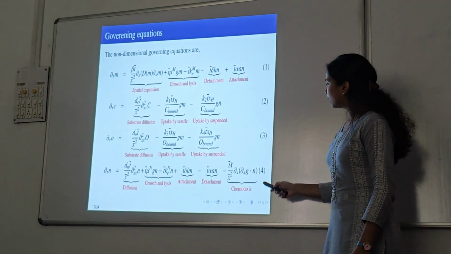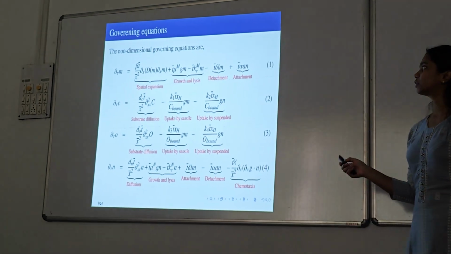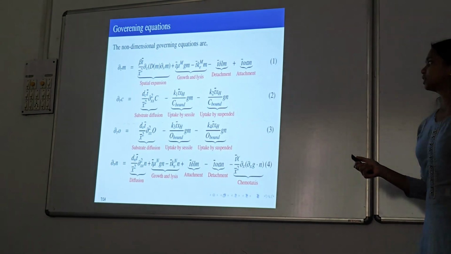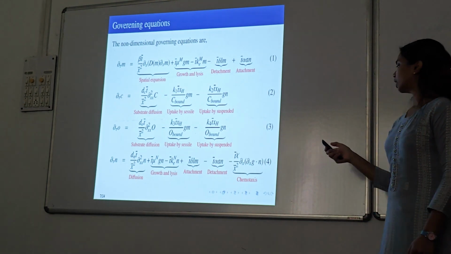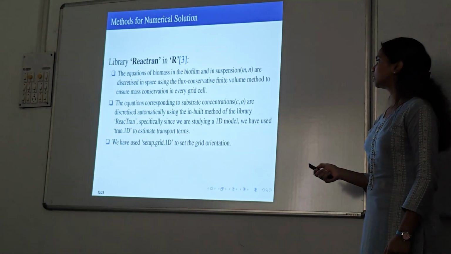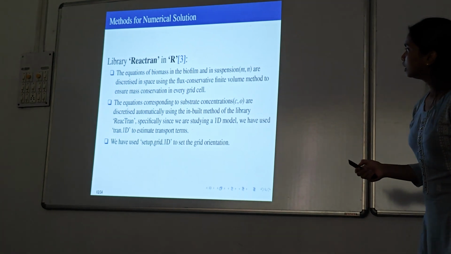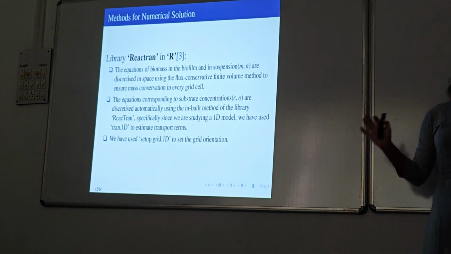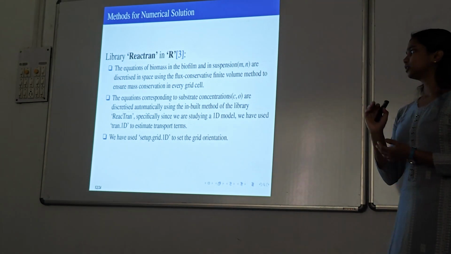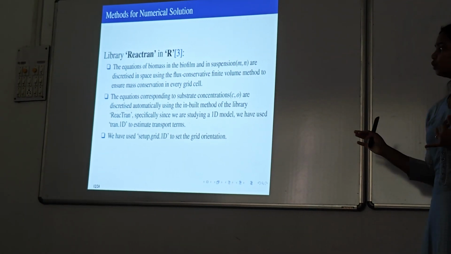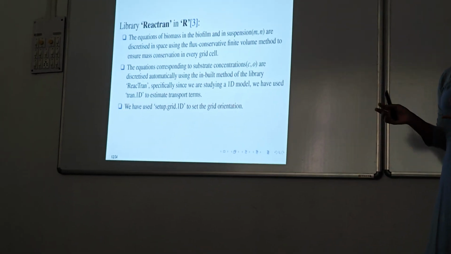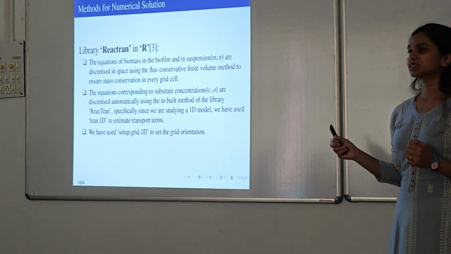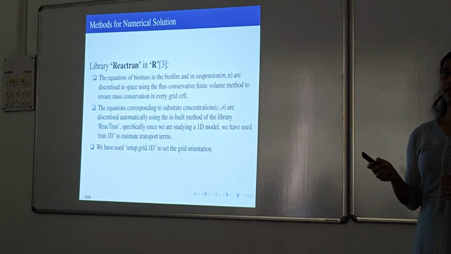For 1 and 4, we have used the flux-conservative finite volume method to discretize, and for 2 and 3 we have used the library ReacTran and a specific package of it. We are still in one dimension, so we are using tran.1D, the transport one-dimensional version, with uniform grid refinement. So we are using setup.grid.1D. If you are familiar with this package, you could tell.